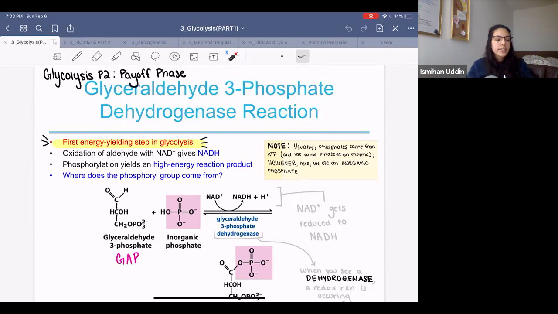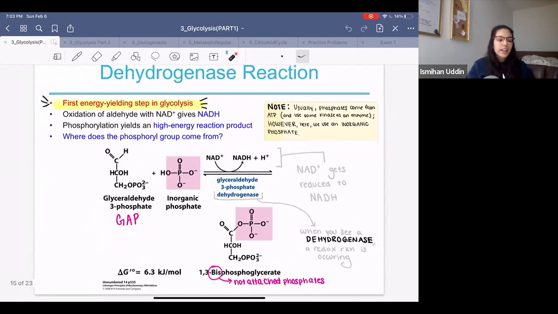Whenever I see a dehydrogenase, I know some oxidation or reduction is happening. This is the first energy yielding step in glycolysis because it produces NADH. It's the oxidation of the aldehyde with NAD, so NAD gets reduced to NADH because we're oxidizing the aldehyde.